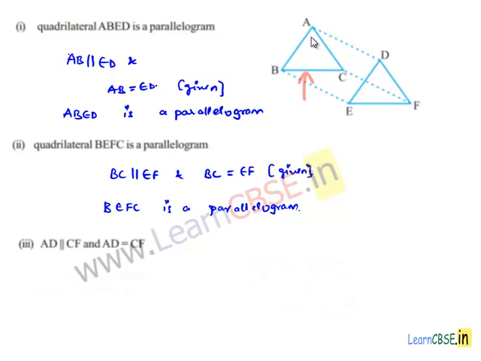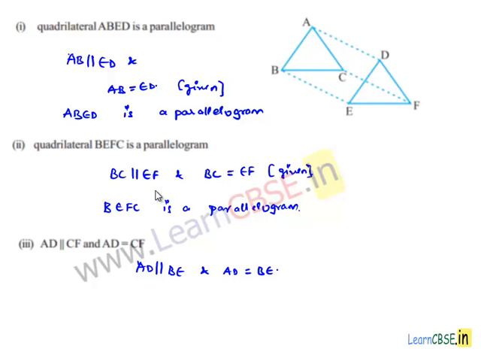Now, initially we proved that ABED is a parallelogram. So from that we can say AD is also parallel to BE and AD will be equal to BE.